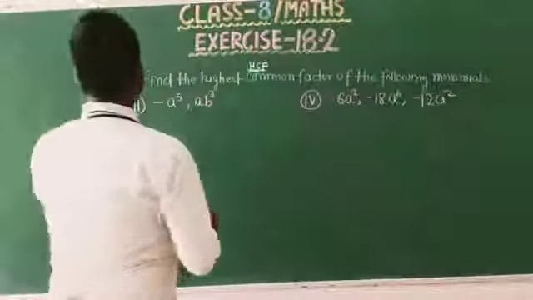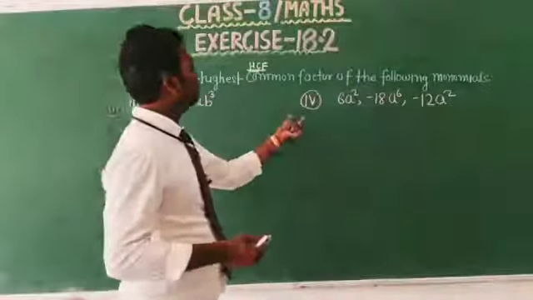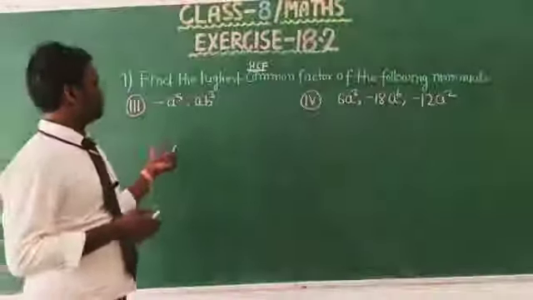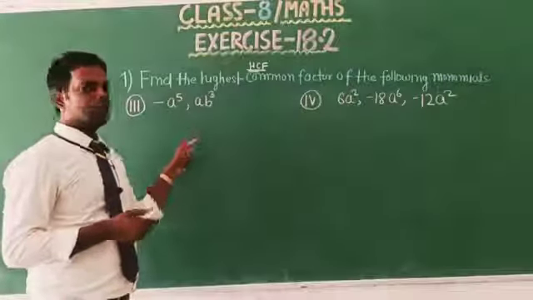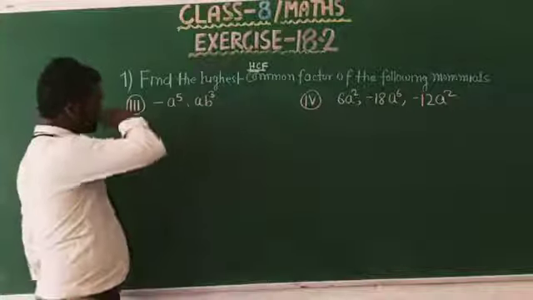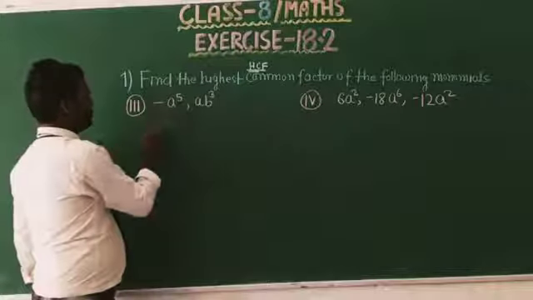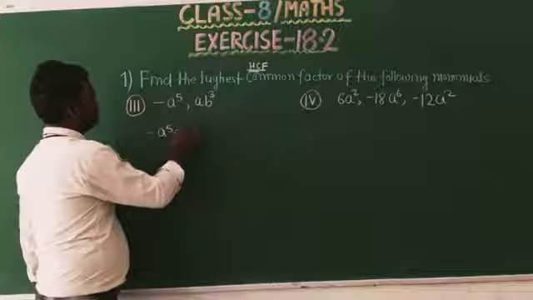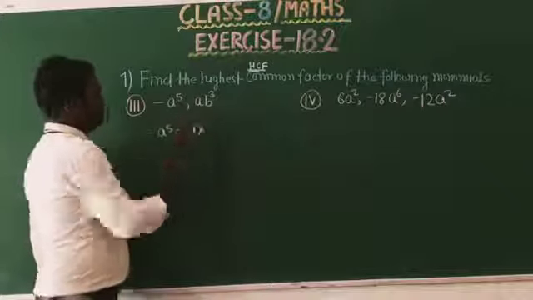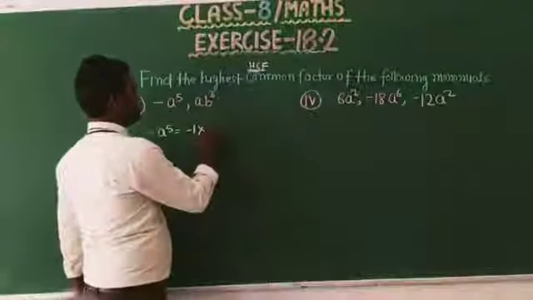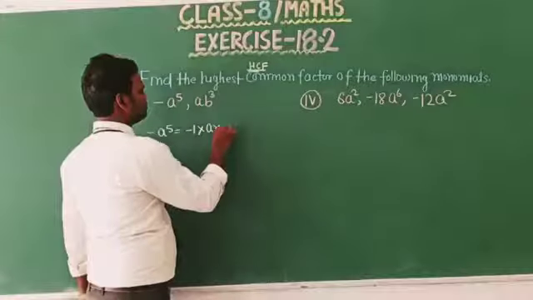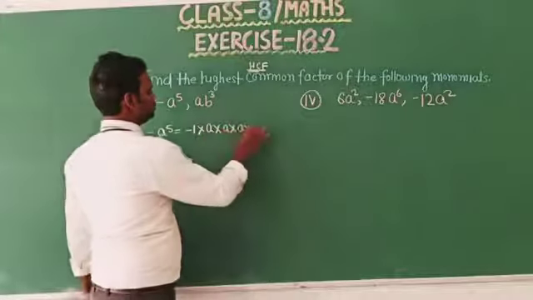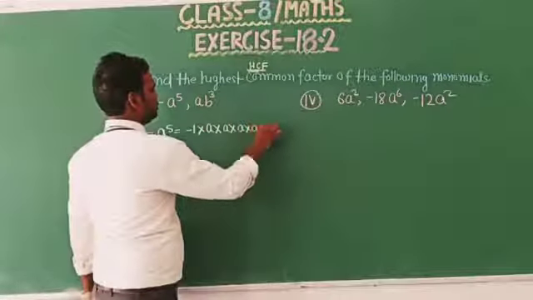This is the third and fourth part of question number 1. Find their highest common factor, which is HCF. So minus a to the power 5 can be written as minus 1 into the product of a 5 times: a into a into a into a into a.